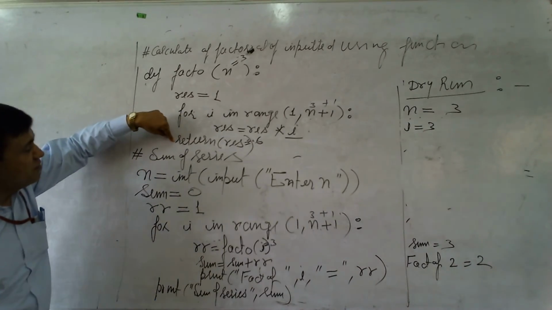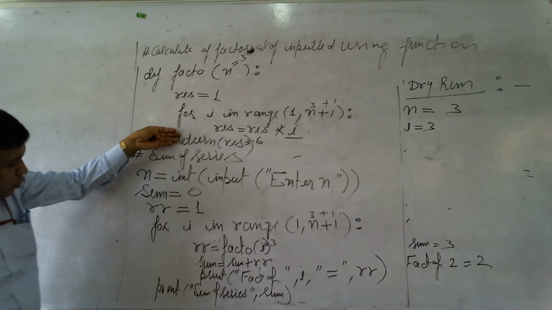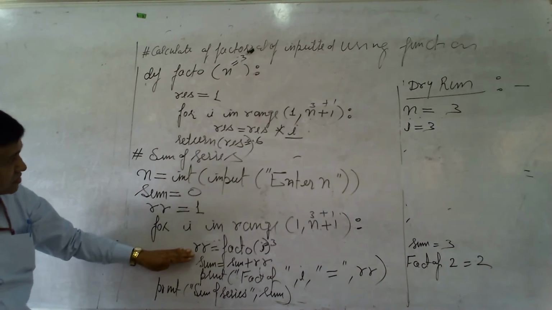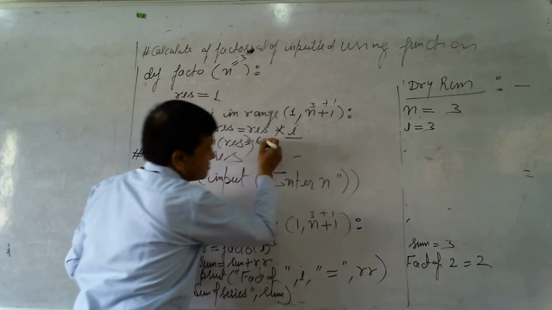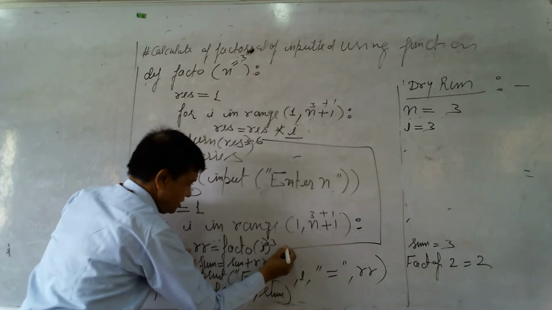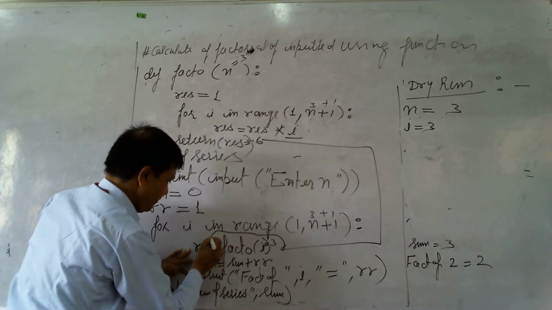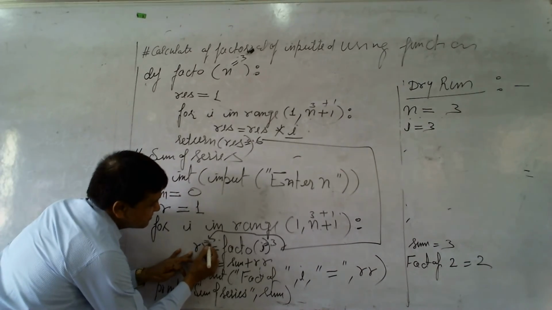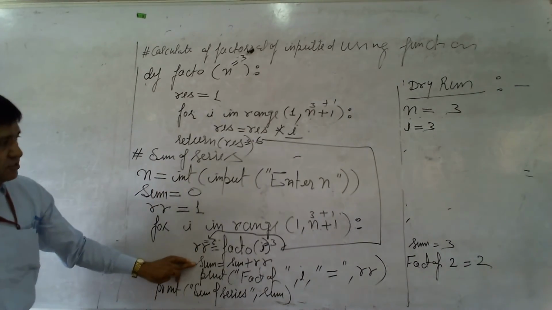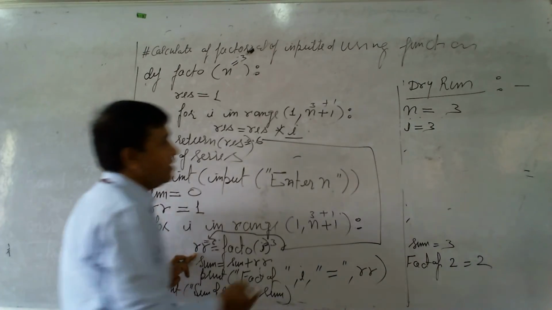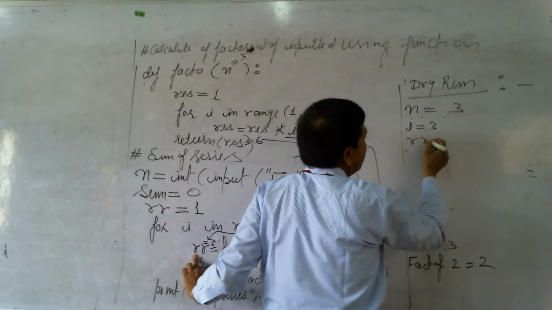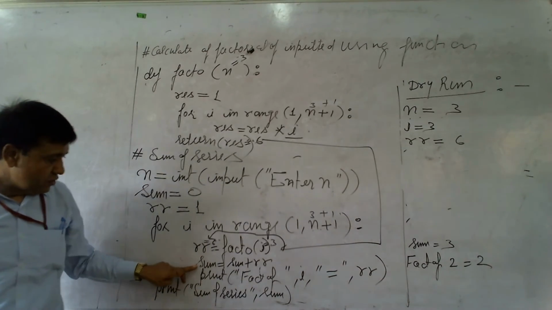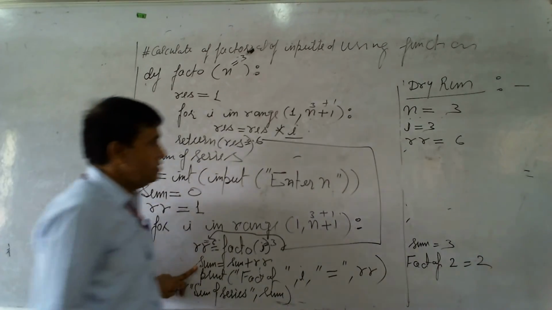When this statement is executed, the program goes back directly to where it was called. It will come to this statement, and the value of RR will be 6. This is 6. Now this statement will be executed. So RR I should write here, now the value of RR is 6. Fine. Now this statement will be executed.